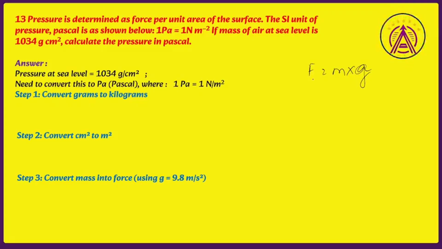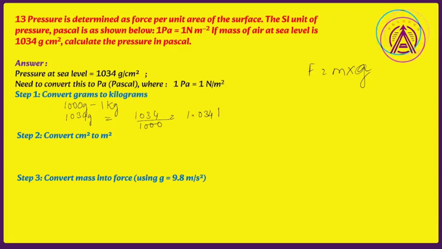Okay, first thing is you convert your given mass into kilograms. We know that 1000 grams is 1 kilogram, correct? So 1034 grams is nothing but 1034 divided by 1000, that is 1.034 kg per centimeter square.